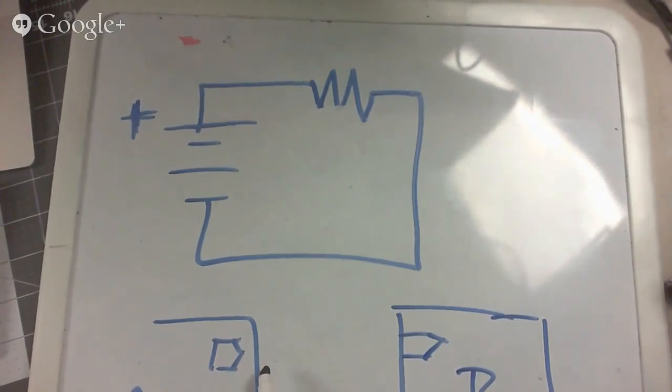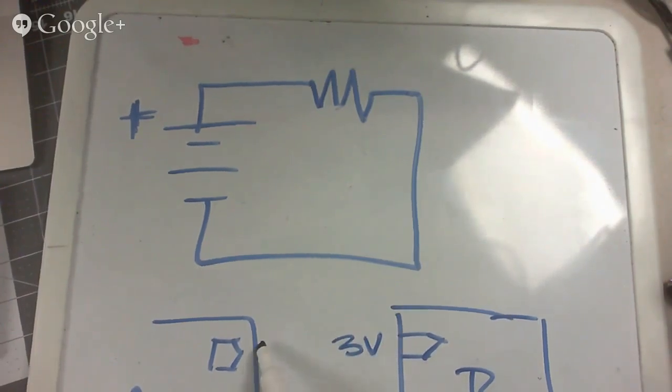You have to make sure that the output voltage and the input voltage are the same. So if device B says I take 3 volts, but device A says I output 5 volts, you have a problem, or vice versa. The voltage between devices has to match. Not so with current.